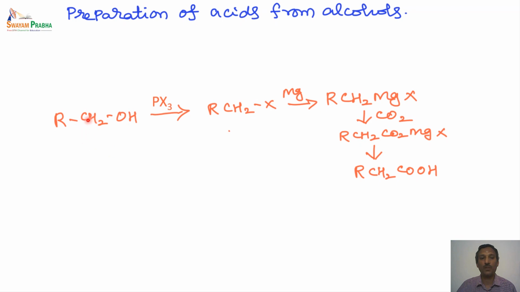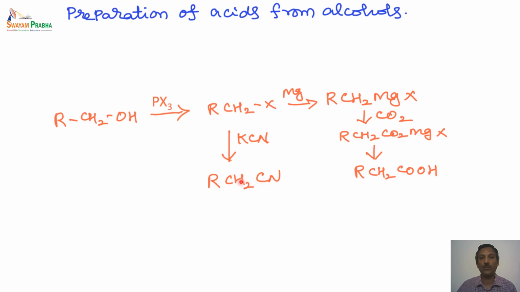Here if we start from the RCH2OH molecular formula, we are getting RCH2COOH. So one carbon extra is added to this starting primary alcohol. So there is another method. This alkyl halide can be treated with cyanide nucleophile. So basically potassium cyanide can be used to convert the corresponding halo derivative into the cyano derivative.